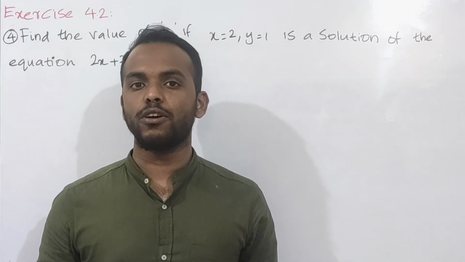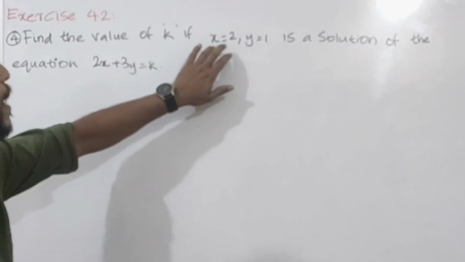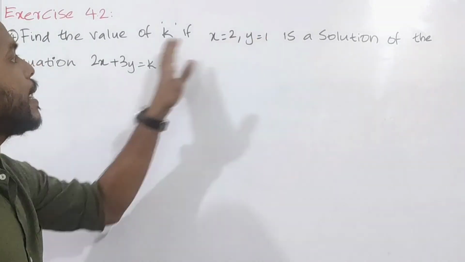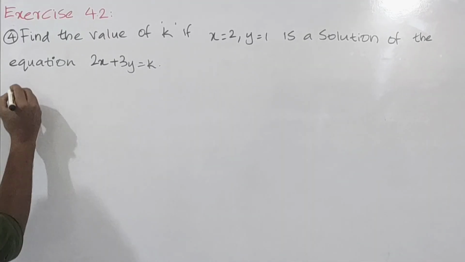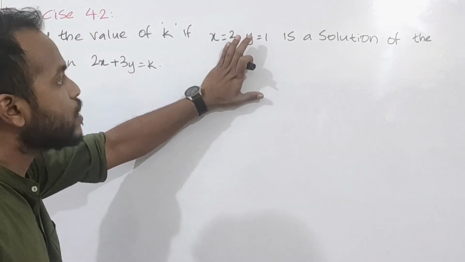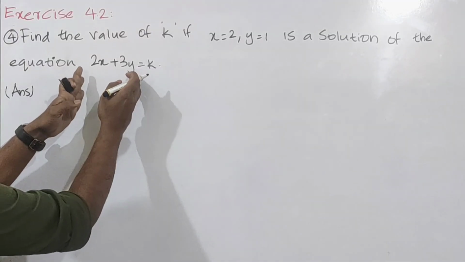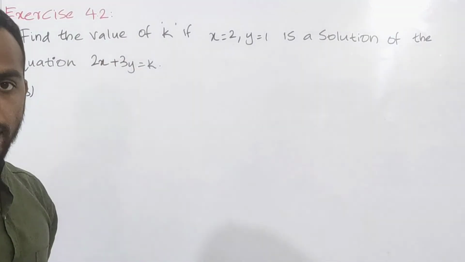This is the last question of our exercise 4.2. The question is to find the value of k if x is equal to 2, y is equal to 1 is a solution of the equation 2x plus 3y is equal to k. So we have learned if a given pair is a solution of the equation, then it will satisfy the equation, or the LHS and RHS will be equal.